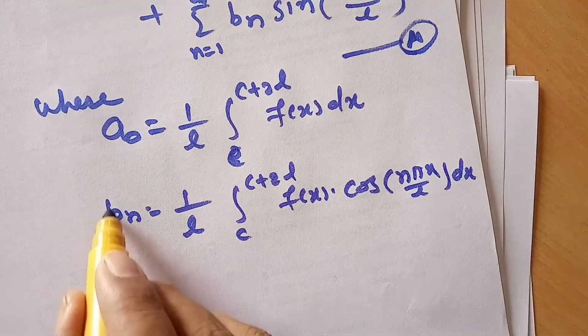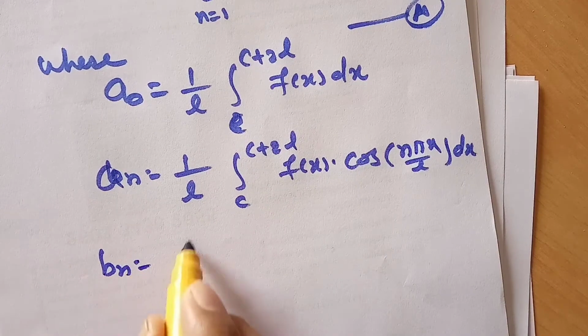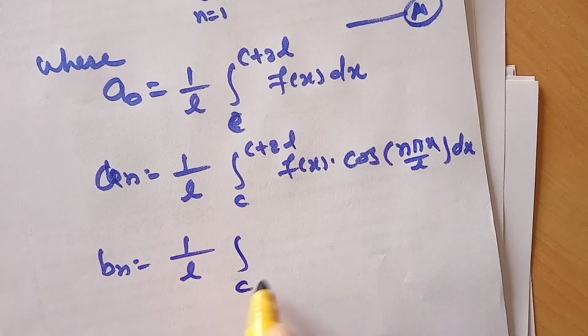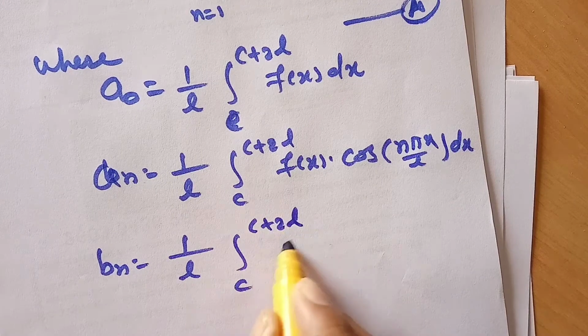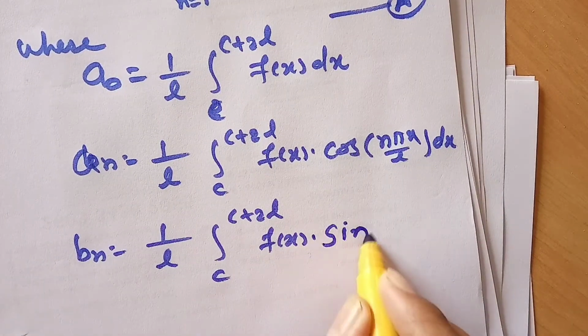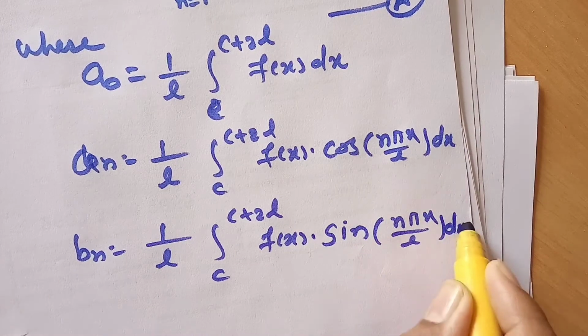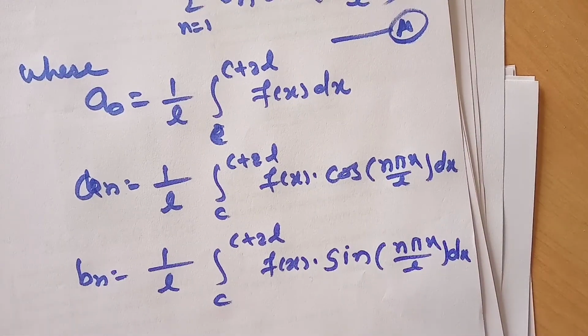And b_n equal to 1 upon L integration c to c plus 2l f of x into sin of n pi x divided by L into dx. Now this is the general formula.